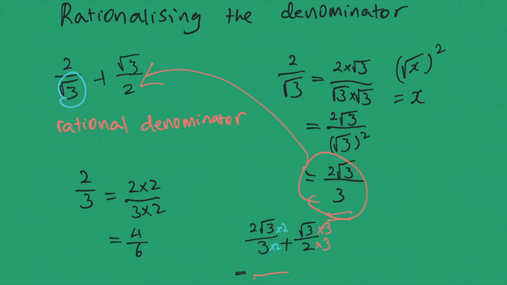And then we get the same denominator, which is 6. And then we add the numerators together, and we finally get 7 square root 3 over 6.